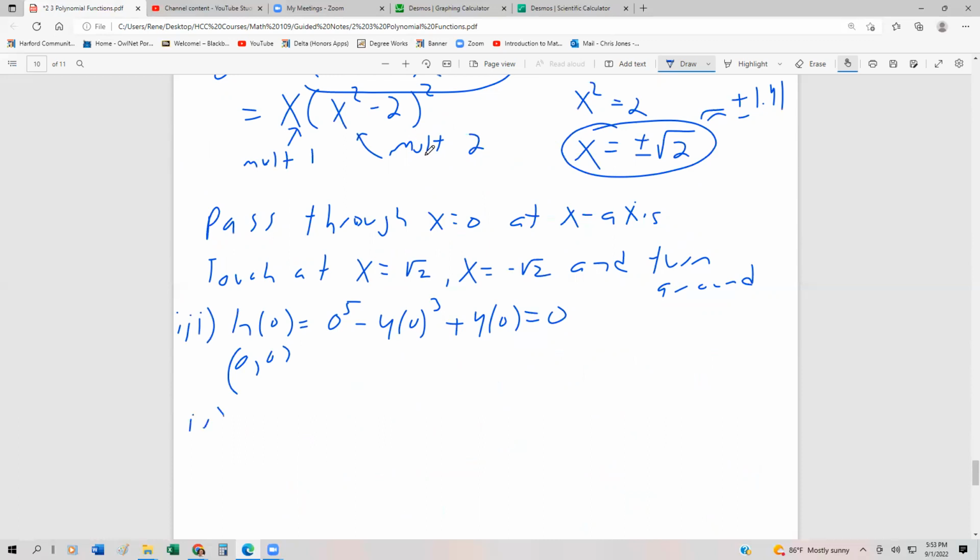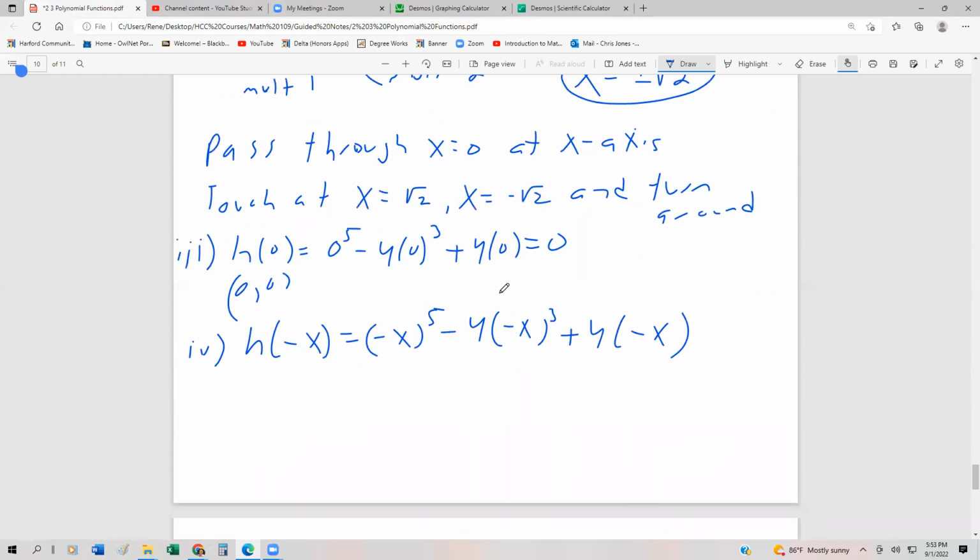Symmetry. Right? So that's where you find h at negative x, and that's going to be negative x to the fifth minus 4 negative x cubed plus 4 times negative x. Okay? And then notice that everything's to an odd power, so it's just going to keep the signs. So we have negative x to the fifth, negative times negative is going to be a positive 4x cubed, and then we get negative 4x.